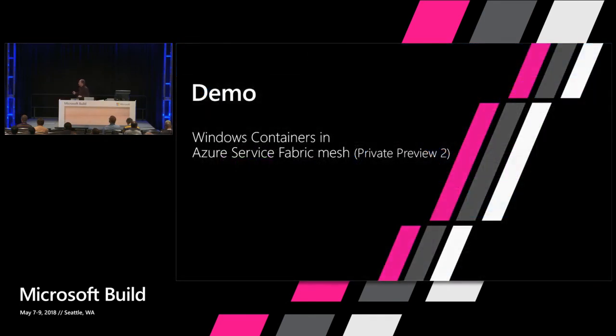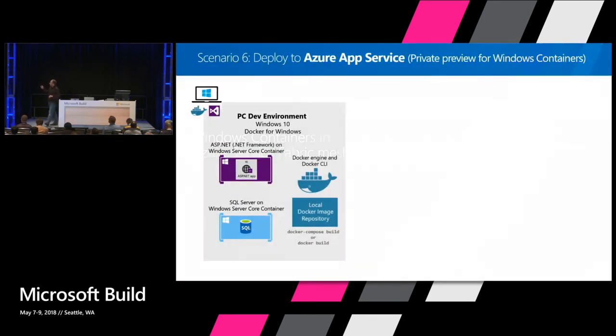And the final scenario is with App Service. App Service is a great PaaS environment for simple applications or web applications. And it supports Linux containers since last year. The news is that since this week, App Service also supports Windows containers in private preview. So it would be the same thing.